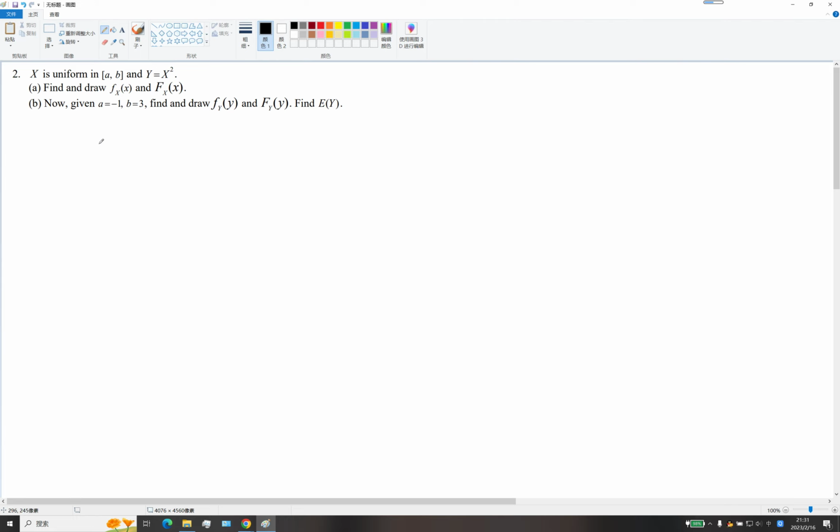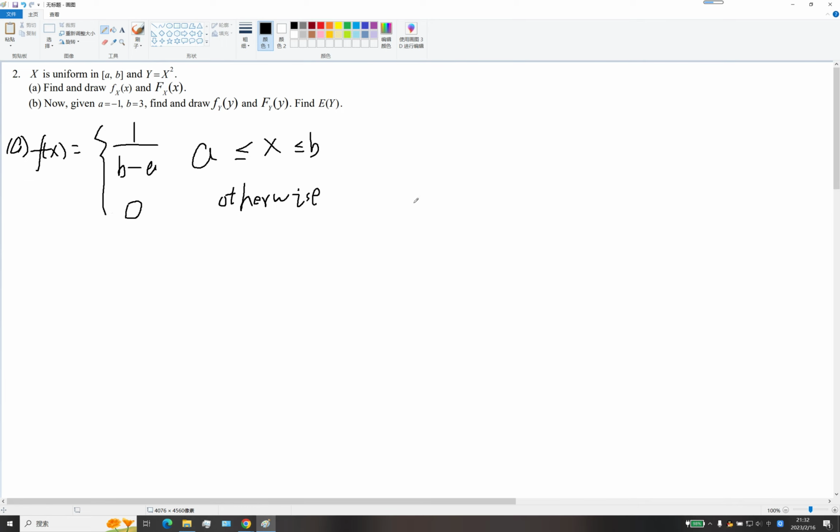Because X is uniform on [a, b], we can easily get that f_X(x) equals 1 over (b minus a) when x is between a and b, and f_X(x) equals 0 otherwise. So this is little f, and the big F is also easy.